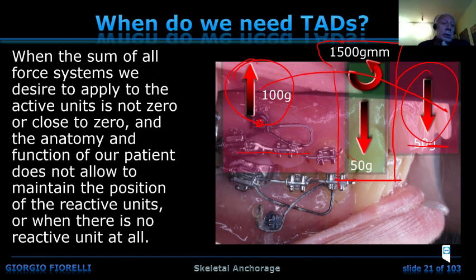Usually the available anchorage is given by occlusion most of the time, and a canine cannot withstand this force system for sure. So here we can say, no, we don't have enough available anchorage for the needed anchorage. So, yes, we need a TAD.